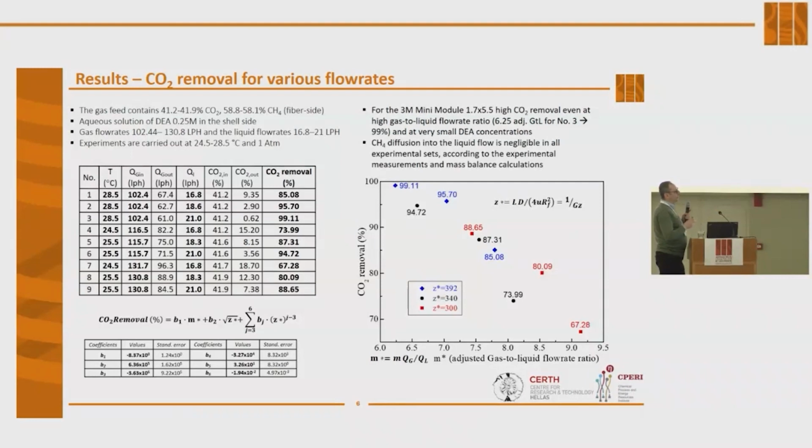For this bunch of experimental data, we have developed a correlation to predict carbon dioxide removal based on this data, which is correlated in terms of widely used dimensionless numbers widely used in the membrane modeling canon, such as the inverse Graetz number, which depends on the velocity in the fibers, and the gas to liquid flow rate ratio, which depends also on the flow rate of the liquid in the cell side.